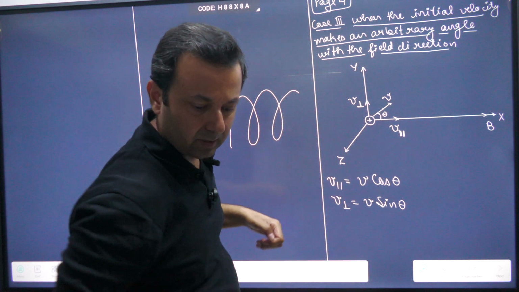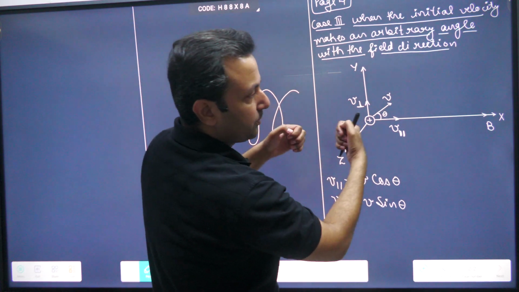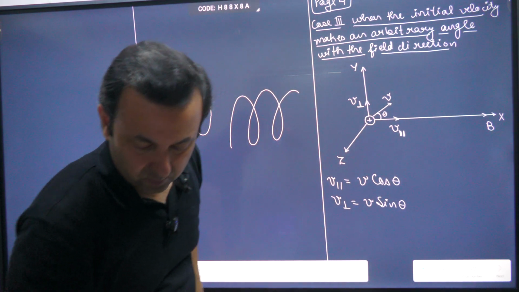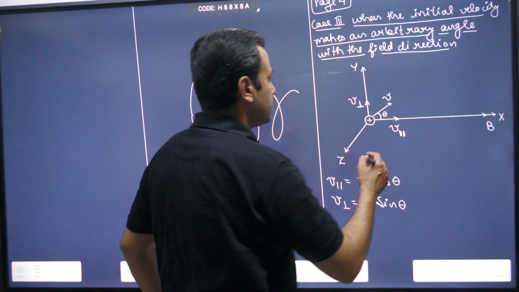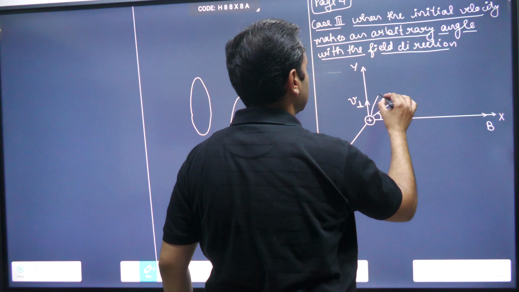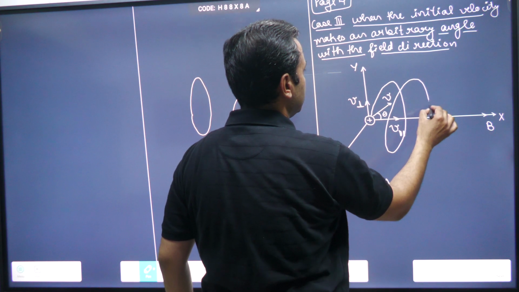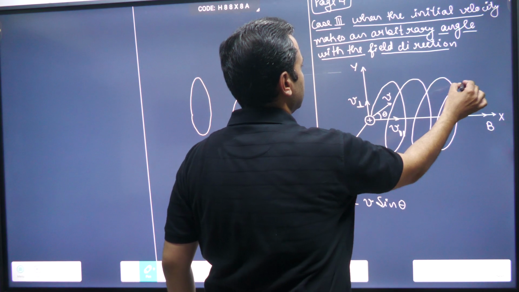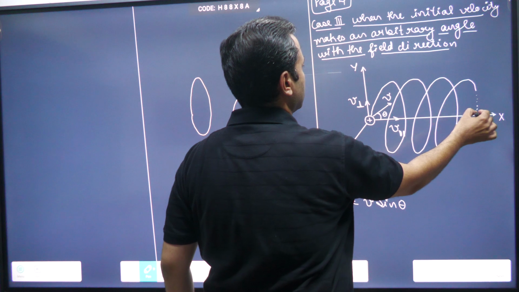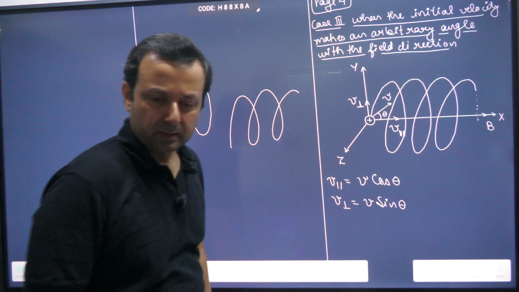So it will form a helical path. A circle will get pulled like this. So I am going to draw the diagram of this helical path. The diagram of this helical path will be like this. One loop, second loop, third loop, fourth loop, and so on. Alright, is this clear to you?